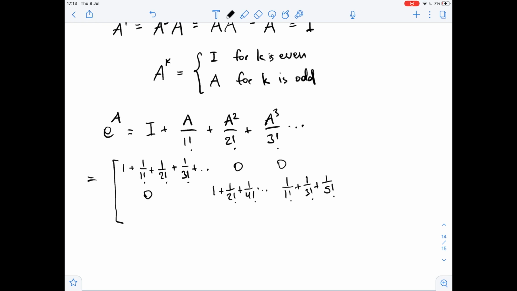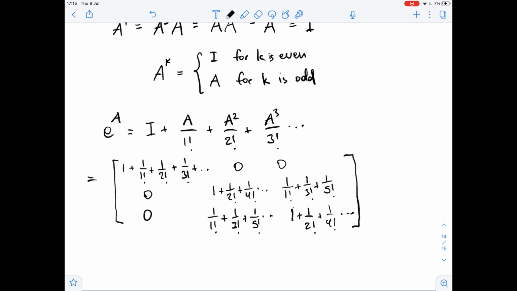So only odd numbers here, and here only even numbers. Here even numbers, here odd numbers. In the next row we have 0 again, then 1 over 1 factorial plus 1 over 3 factorial, again odd numbers, 1 over 5 factorial, and so on. And here again even numbers, 1 plus 1 over 2 factorial plus 1 over 4 factorial, and so on.